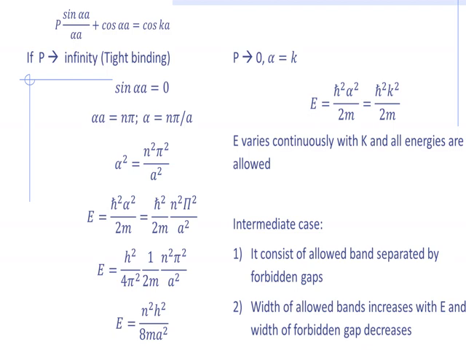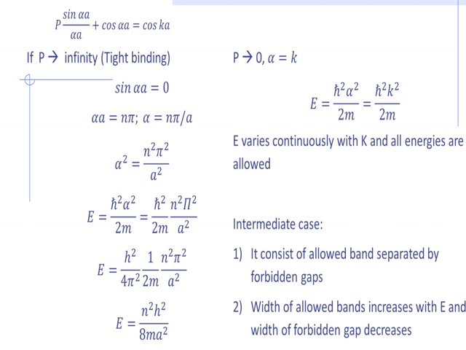To understand it quickly, let us consider the two extremes. Let us say that P is tending to infinity, very high. Now look at the equation: P sin(αa)/(αa) + cos(αa) = cos(ka). The right hand side is a cosine.